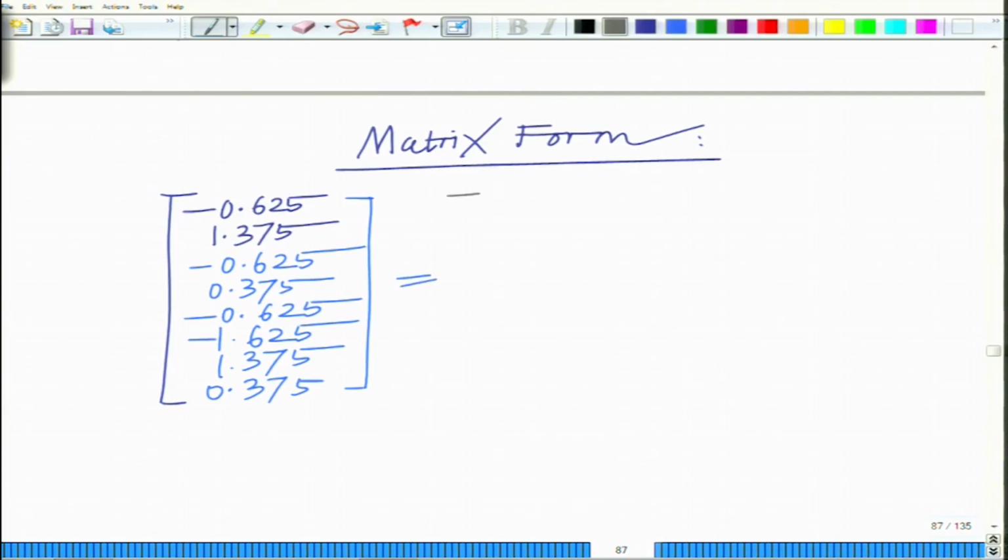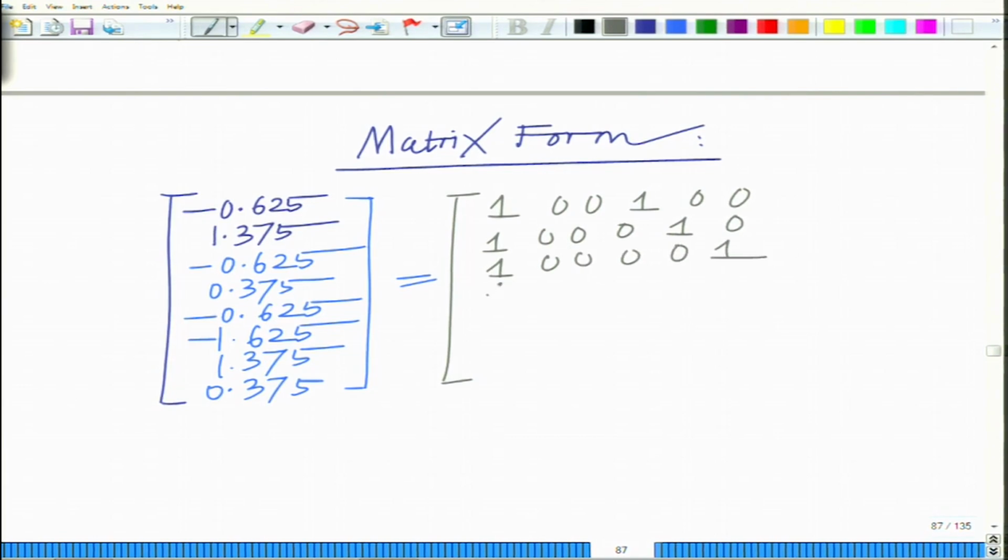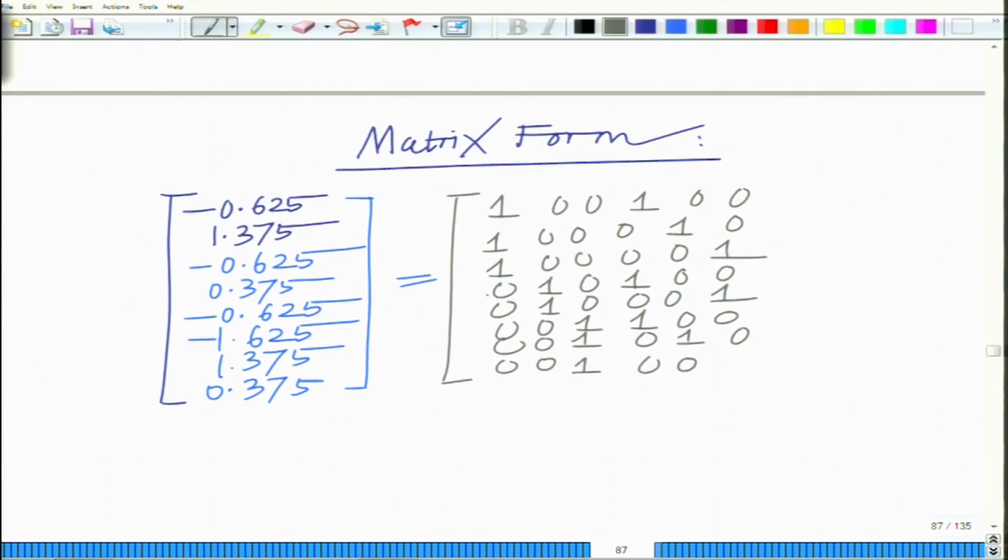This is equal to the matrix of 0s and 1s, where the rows are user 1 movie A, user 1 movie B, user 1 movie C, and so on. You can see user 2 for movie B is missing; the rest you have: user 3 movie A, user 3 movie B, user 3 movie C. That is the matrix, and then you have the vector of B1, B2, B3, bias of movie A, bias of movie B, bias of movie C.